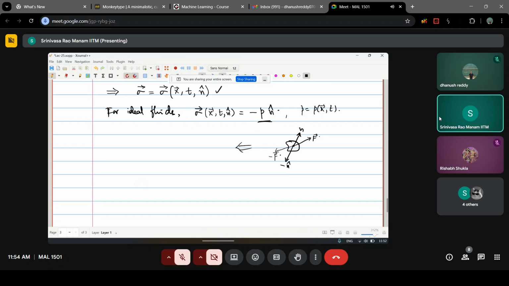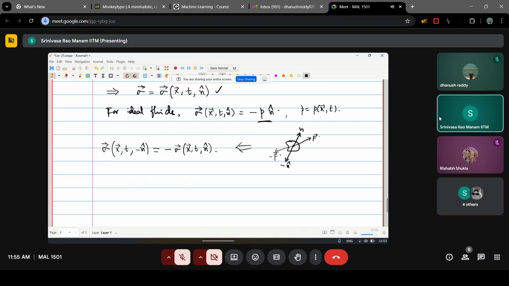So this is at minus n cap. It depends on the negative orientation. On the inward normal side, that force is minus F. So basically this tells you that the stress at the same point, same time, with minus n cap is equal to minus sigma at this point. These two points are the same, here outward normal and there inward normal, and when you sum them up it should be 0.